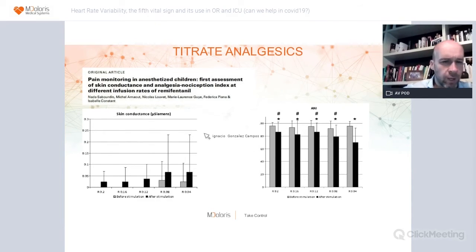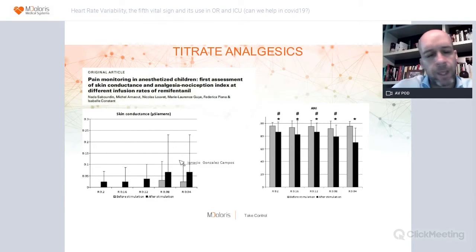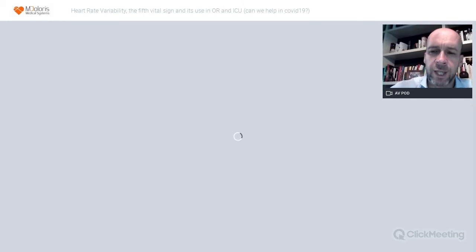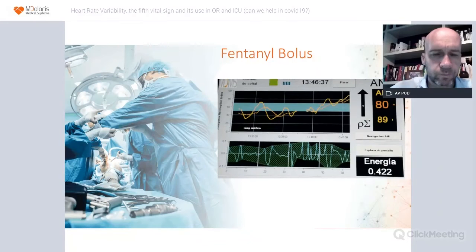By the way, this study also compares it with skin conductance, and you can see that skin conductance is not able to detect the noxious stimulation until you have a very low dosage of remifentanil. So we are much more sensitive than skin conductance to detect the stimulation.